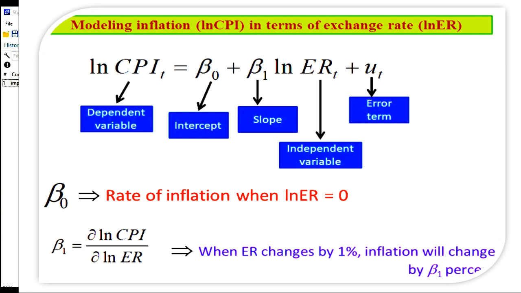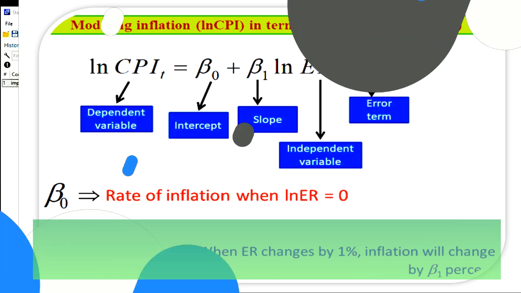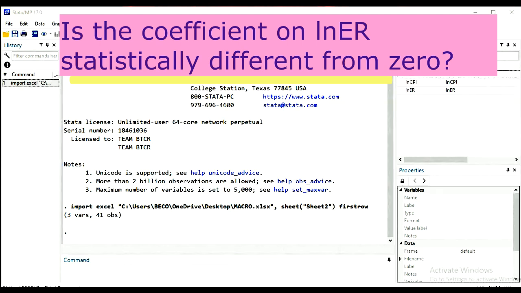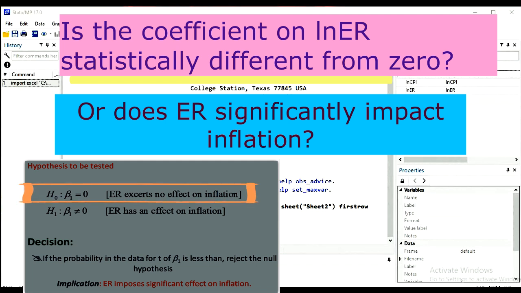And as we have tried to mention above, the impact of exchange rates on the inflation is captured by the slope parameter, that's beta 1, which represents the effect of 1 unit change in exchange rates on inflation. To determine whether the estimated effect of exchange rates is statistically significant, the following null hypothesis is given by H naught, which states that beta 1 is equal to 0.